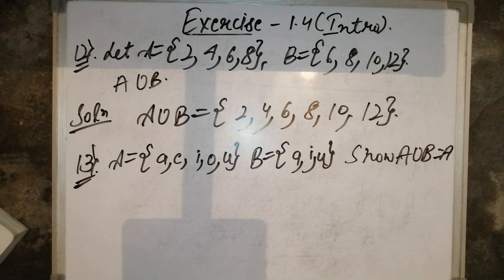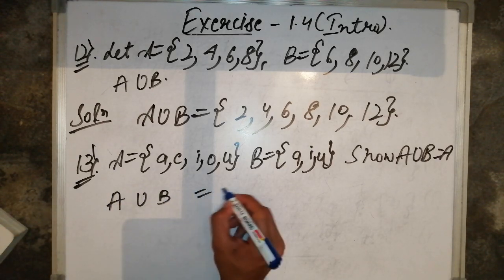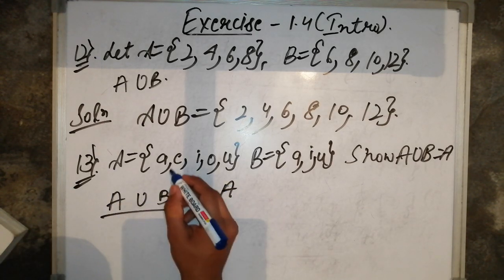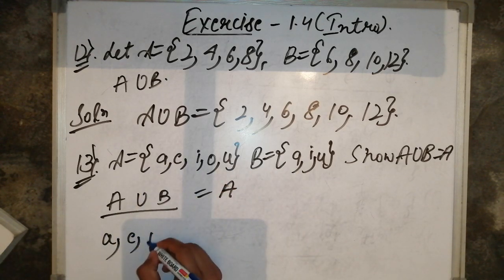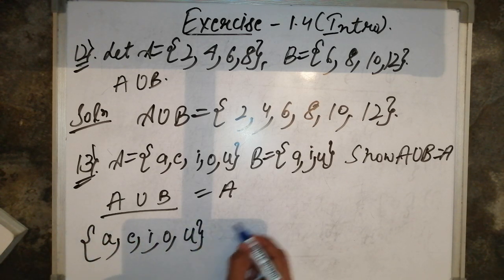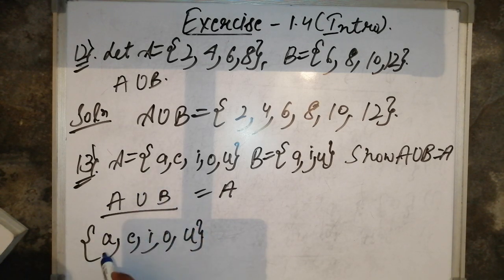Okay. First of all, write A union B is equal to A. What is A union B? A union B is only A E I O U because the elements of B are A I U, which are already present in this A set.